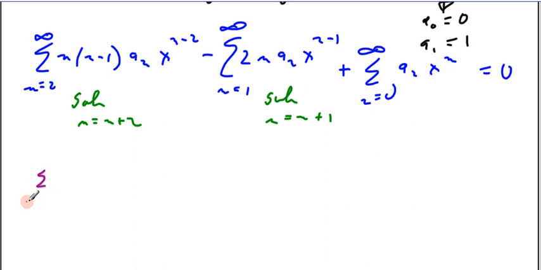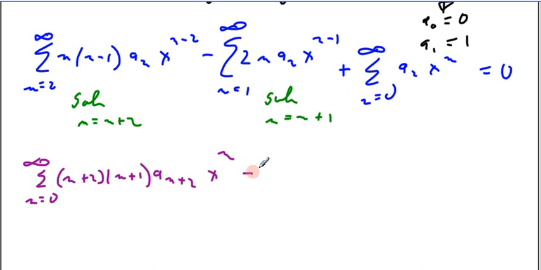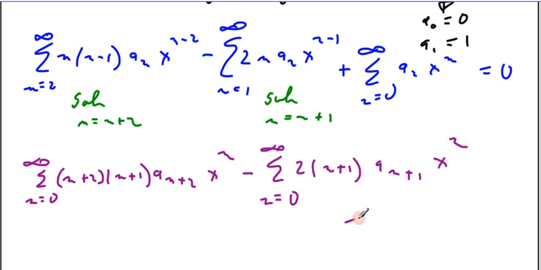So I've got the summation from n equals 0 to infinity of (n plus 2)(n plus 1) a_(n+2) x to the n, minus the summation from n equals 0 to infinity of 2(n plus 1) a_(n+1) x to the n, plus the summation from n equals 0 to infinity of a_n x to the n, is equal to 0.